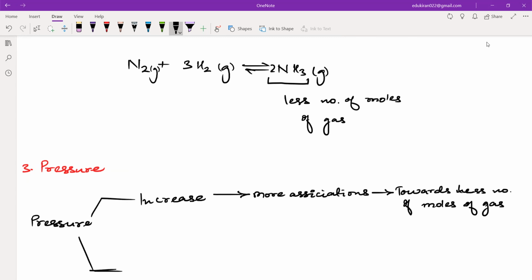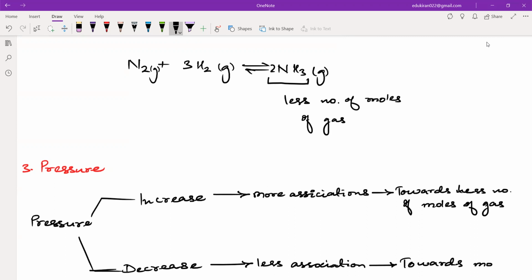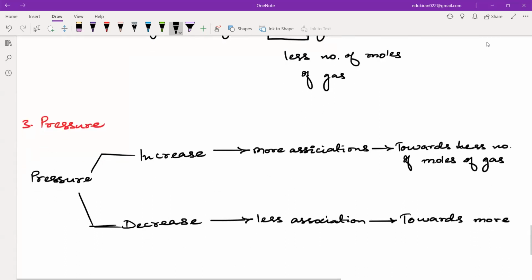And when I decrease the pressure, there will be less associations, and that will lead to a shift in equilibrium towards more number of moles of gas. Is this clear with everyone? Yes or no?